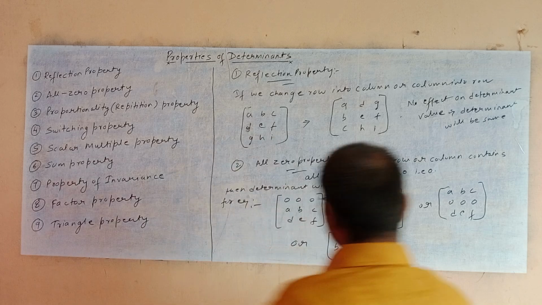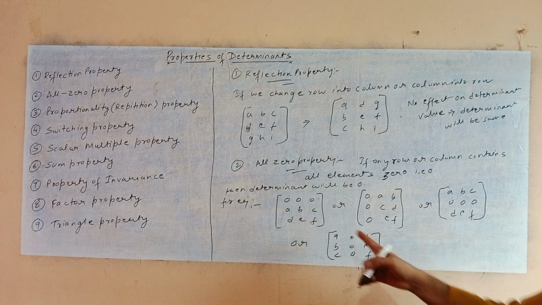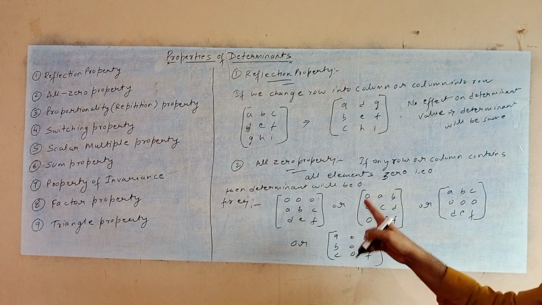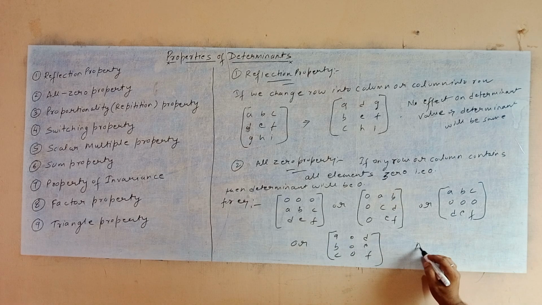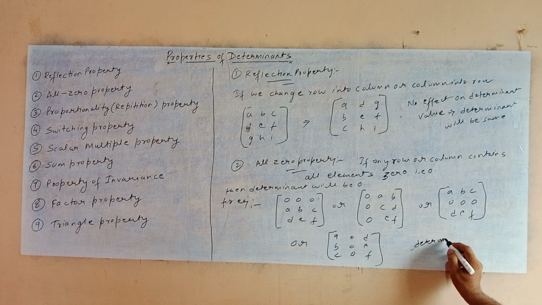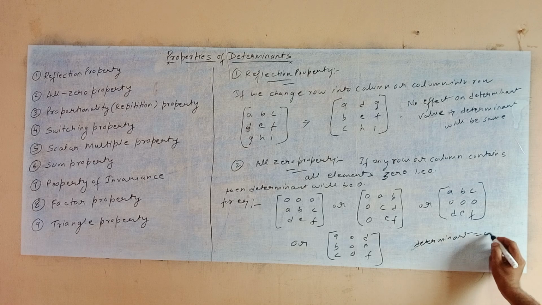See here, if in a matrix any row or column contains all elements zero, then the determinant of that matrix will be zero.